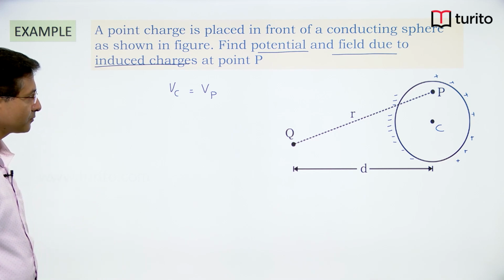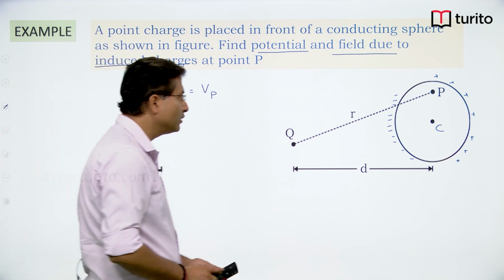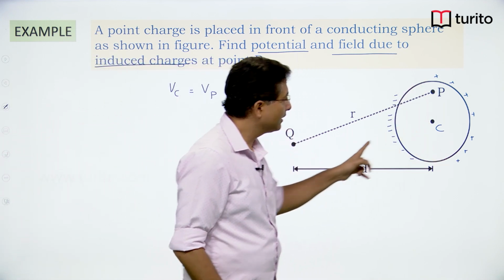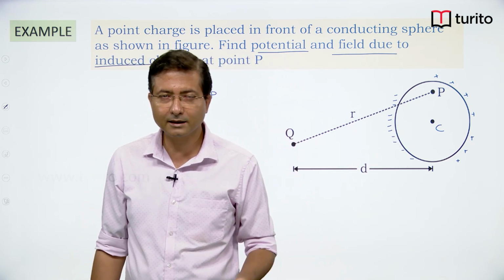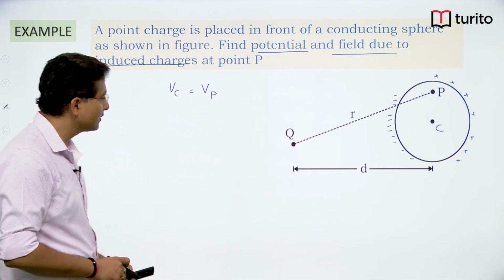Potential at C. So the induced charge will produce potential here and this charge will produce potential here. Potential is a scalar quantity, I can directly add, right.